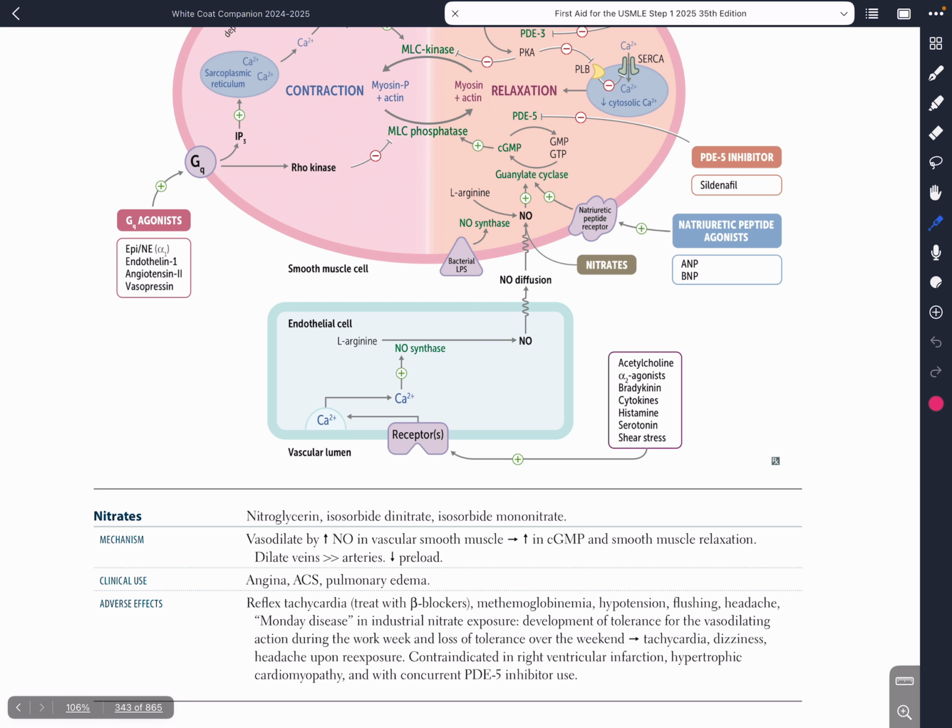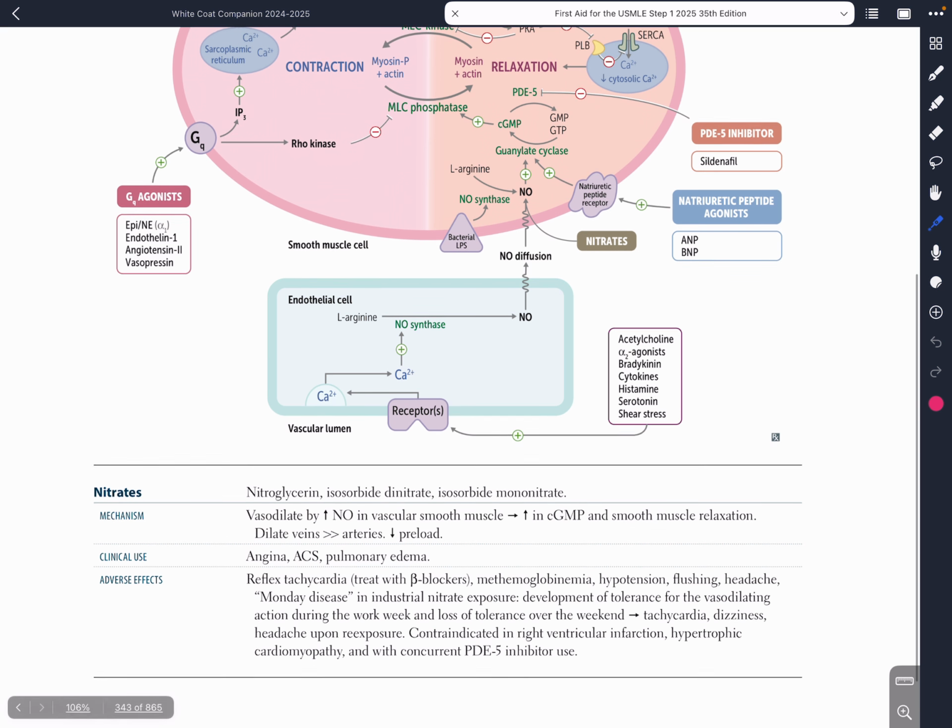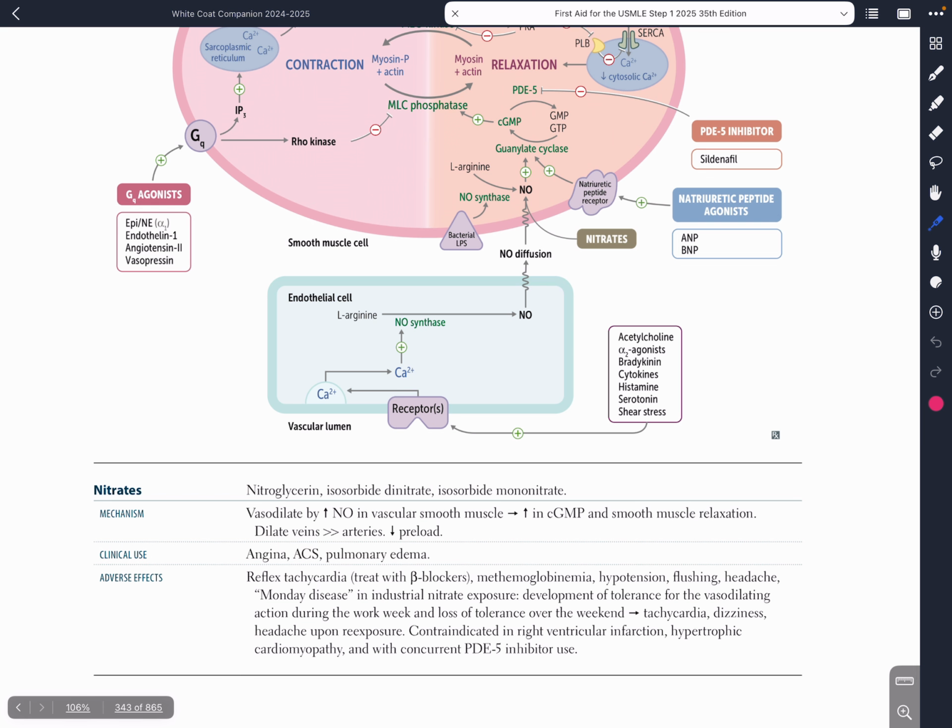Now, let's see what are the medications that act on acetylcholine receptors. The agonists are alpha-2 agonists, bradykinin, cytokines, histamine, serotonin, shear stress.